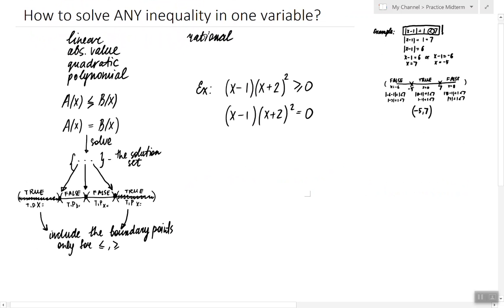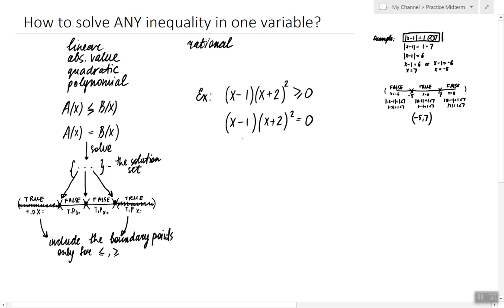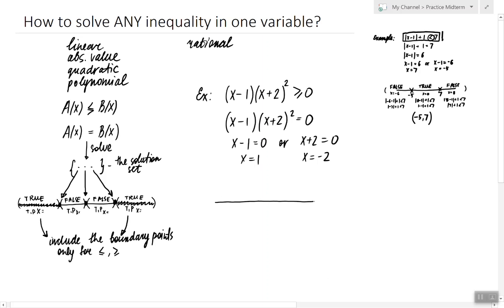Well, we use the zero product property, so we conclude that it's either x minus 1 equal to 0 or x plus 2 is equal to 0, which means that x is equal to 1 or x is equal to negative 2. So these 2 points now divide the number line into 3 subintervals. On each of these subintervals, now I pick a test point.